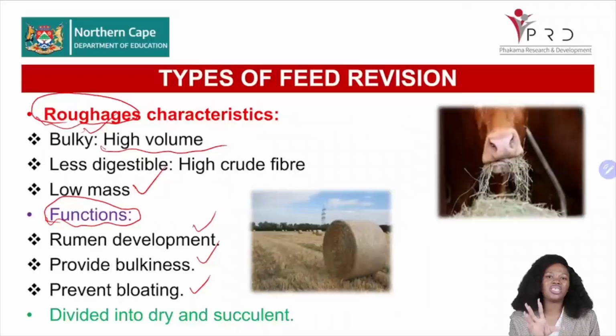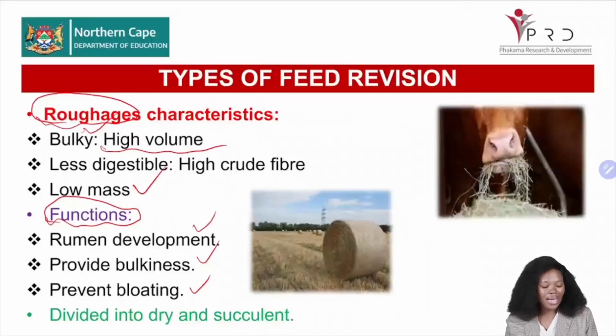Remember, after digestion in the rumen, the gases that will be produced are carbon dioxide and methane. So when ruminants consume more roughages, very little carbon dioxide and very little methane will be produced. Why? Roughages prevent bloating, which is the accumulation of gases.